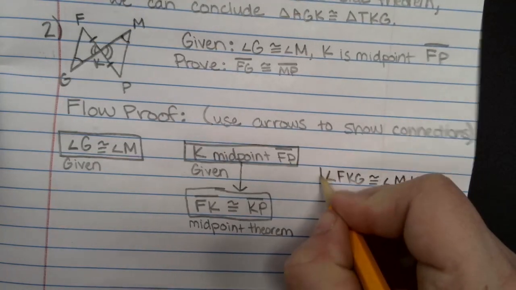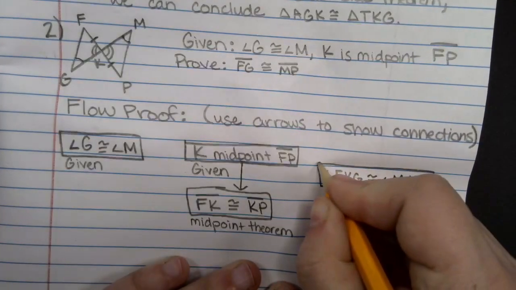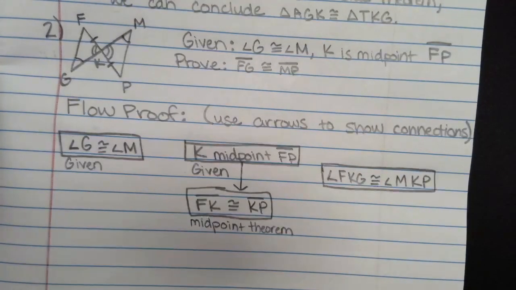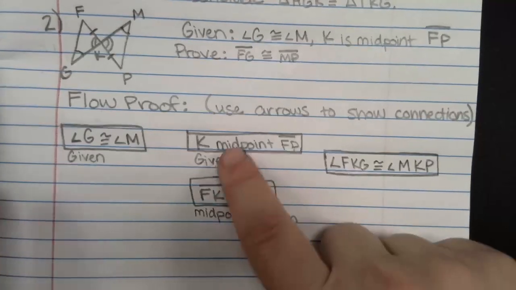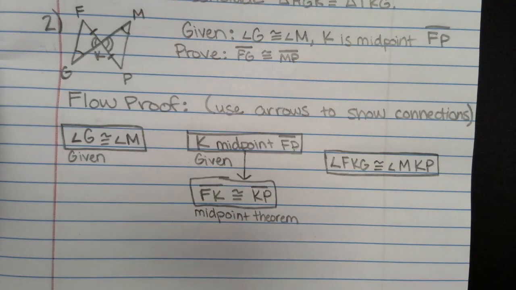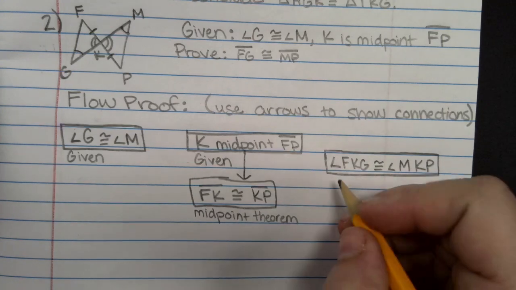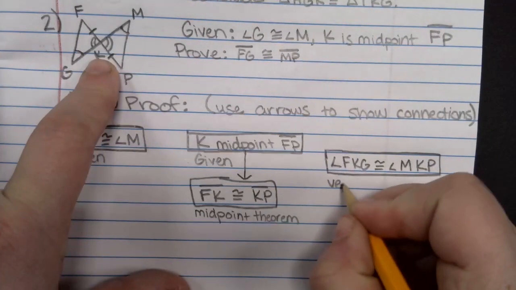Okay, and that's its own statement. And the reason it's off in its own little world is because the reason for this doesn't come from any of these other parts. This reason comes from the picture, and in the picture, what was our theorem that says that those two angles are the same? Good, vertical angles theorem.